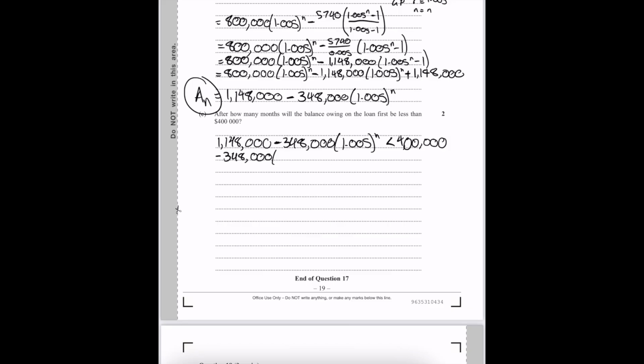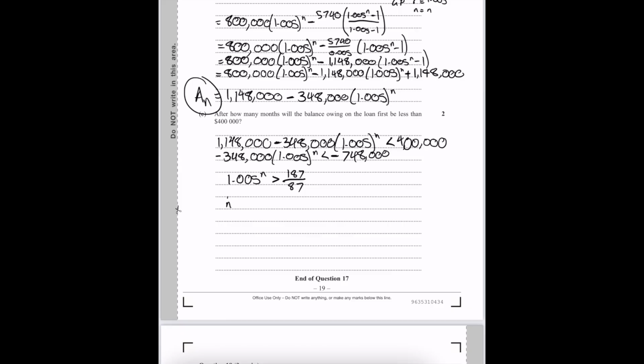So we have minus 348,000. If we subtract the 1.148 million on both sides, we end up with this. And then if we divide by negative 348,000, we end up with this equation. Now, because we're dividing by a negative number, remember we flip the inequality, and then we get 187 on 87.